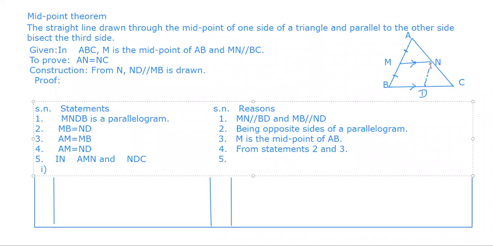Since the lines are parallel, angle ANM is equal to angle NCD.